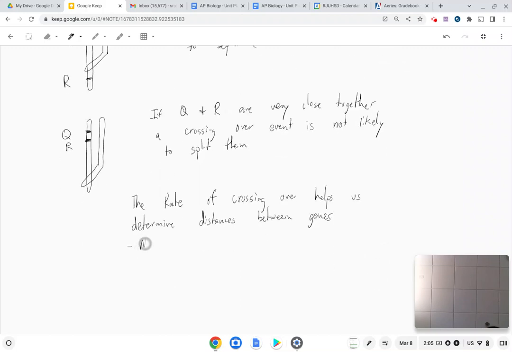More crossing over means greater distance. Less crossing over means they're closer together, right? And if you have enough information, you can actually piece together the location of all the genes on that chromosome just based on the rate of crossing over.